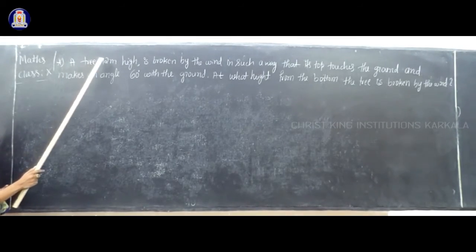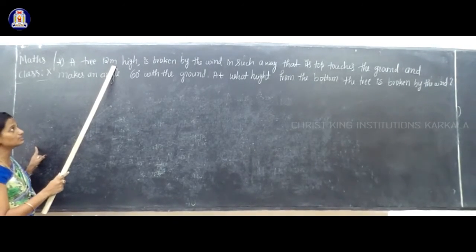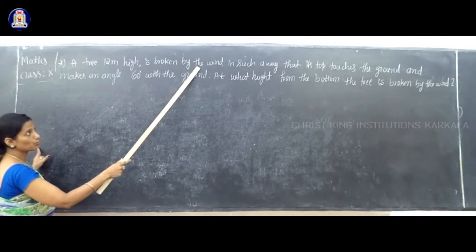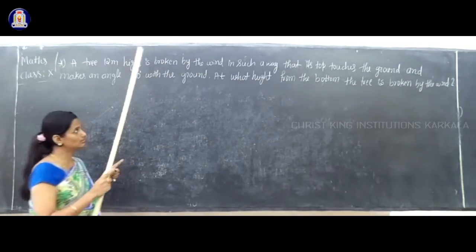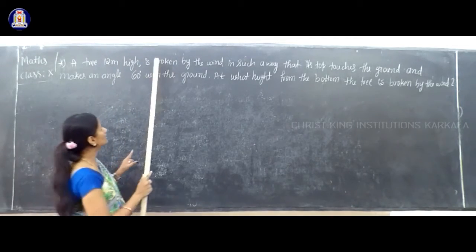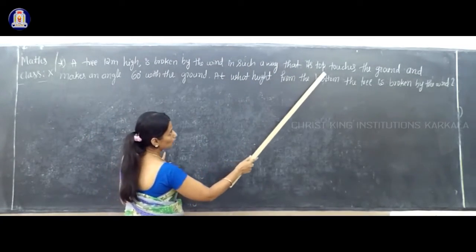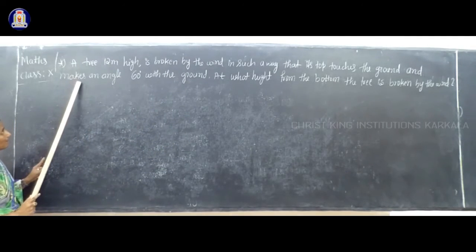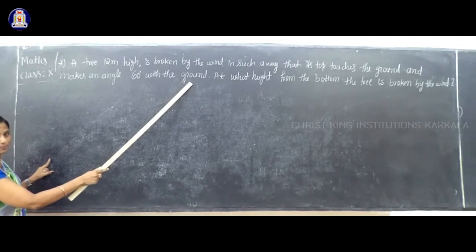A tree 12 meter high. What is the height of the tree? The height of the tree is 12 meter. It is broken by the wind in such a way that, as we discussed in the previous class, its top touches the ground and makes an angle of 60 degree with the ground. You got the picture, right?